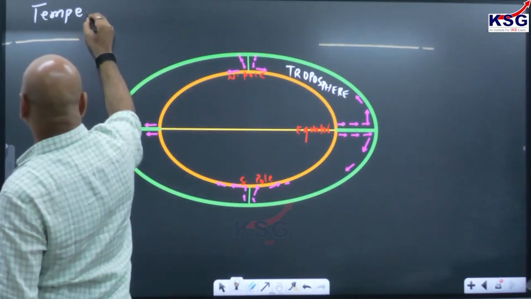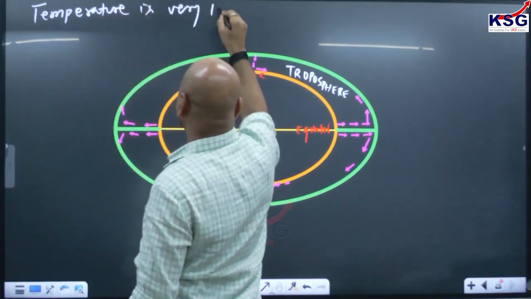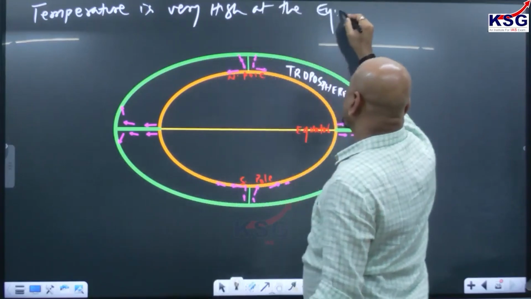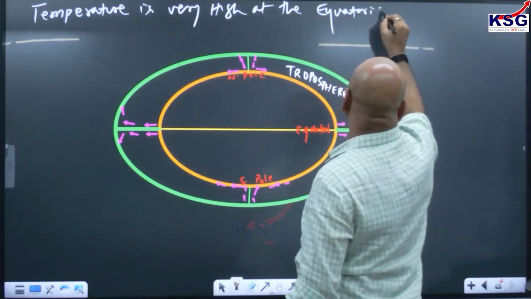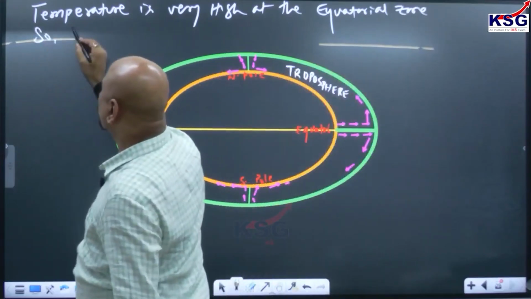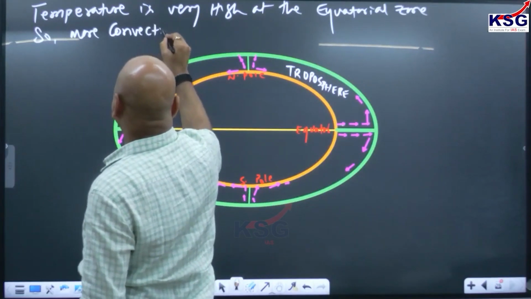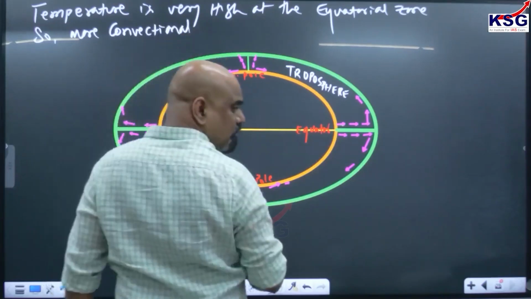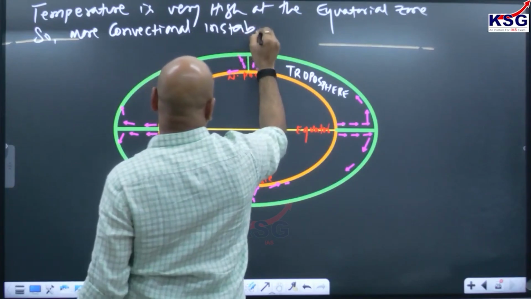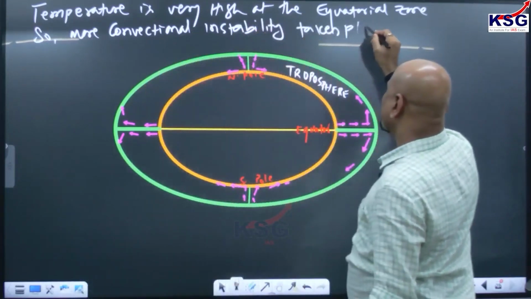Temperature is very high at the equatorial zone. So more convectional instability takes place.